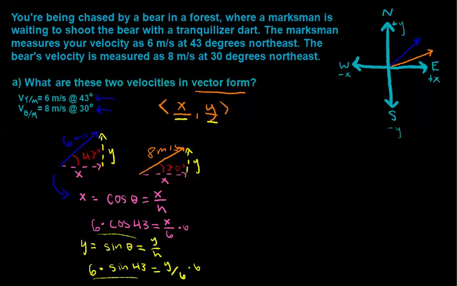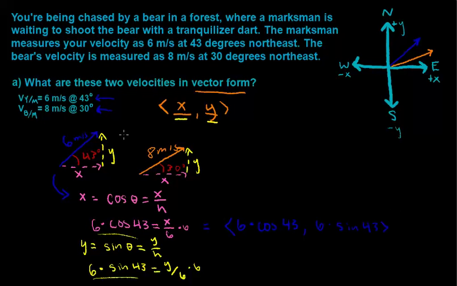So then we can take both of these values and write them as x equals 6 times cosine of 43, and y equals 6 times sine of 43 degrees.